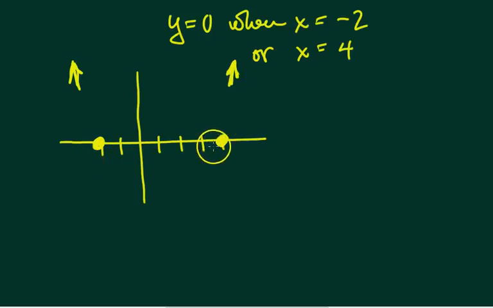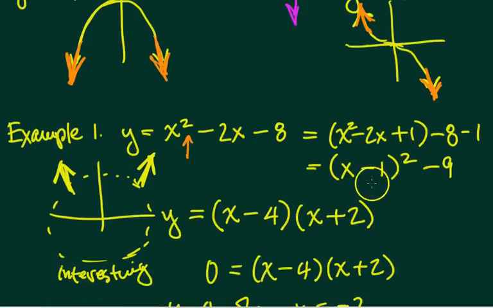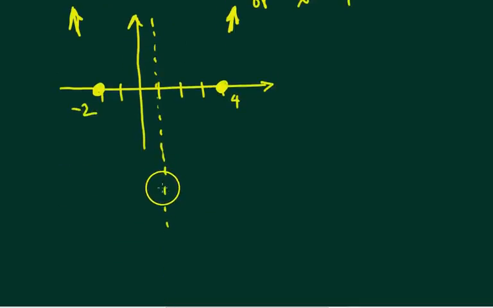And another thing that I like about factoring is halfway exactly between the zeros is where I'm going to find the axis of symmetry. And we know from having completed the square up here that that axis of symmetry is x equals 1. So I'm going to come down here and put the point that we calculated previously, 1, negative 9.